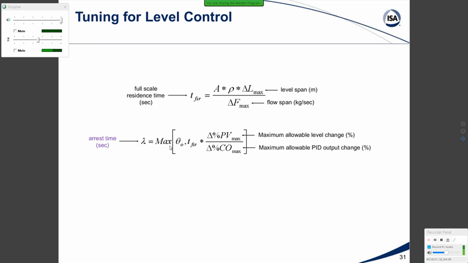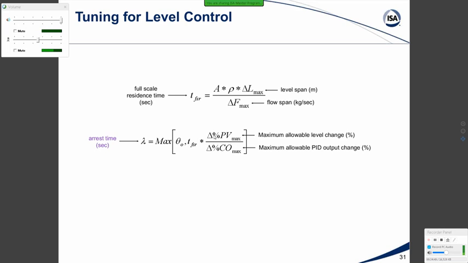And then we use that to determine what the reset time should be, the lambda. If we were willing to say we can take the full amount of what's available in that volume, basically lambda would be that full-scale residence time, but we can't generalize that.